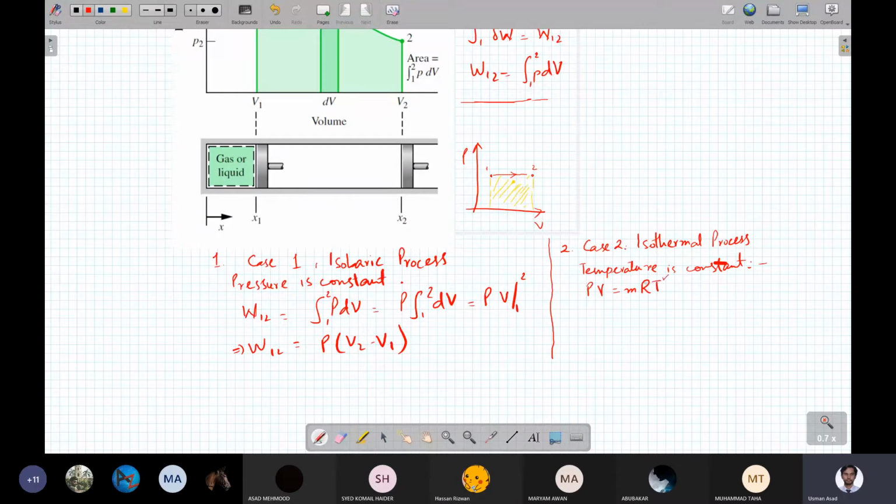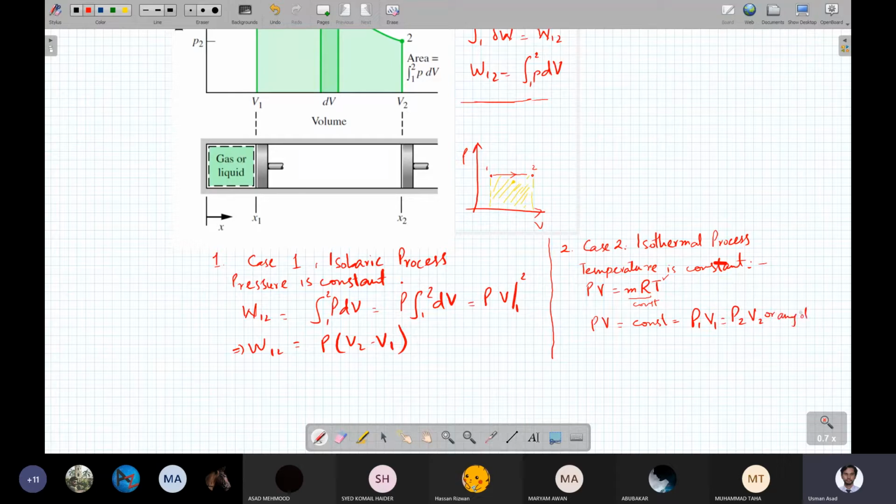If T is constant and these are also just constants, that means that in an isothermal process the product of P times V is basically a constant, and that constant can be equal to P1 V1 or P2 V2 or pressure times volume at any other point.